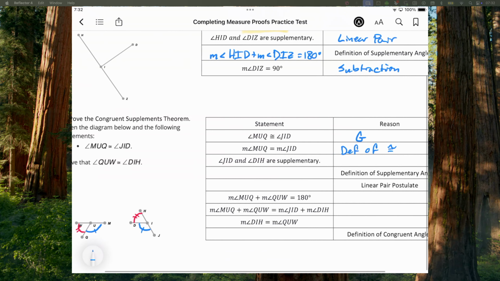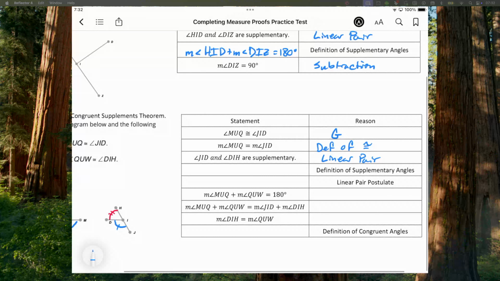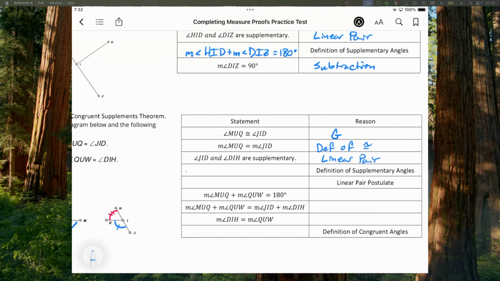JID and DIH are supplementary because they form a linear pair. Because they are supplementary, they sum to be 180 degrees. Measure of angle JID plus measure of angle DIH is equal to 180 degrees.